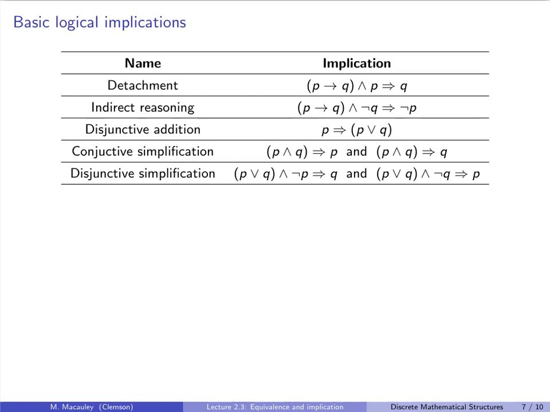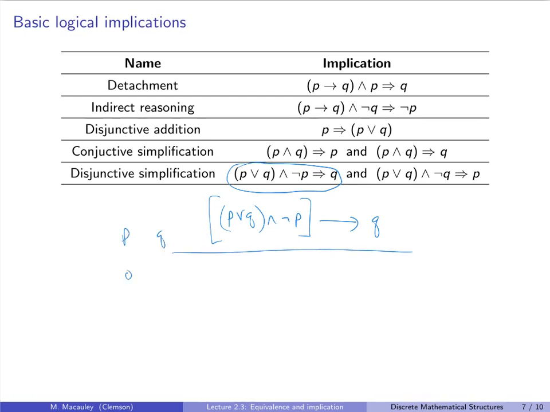For each one of these, let me just show you right here, write down the truth table for P or Q, and not P, and take the conditional operator with that and Q, and check that that is indeed a tautology. So check with P and Q that all 4 inputs in fact lead to 1, 1, 1, 1.